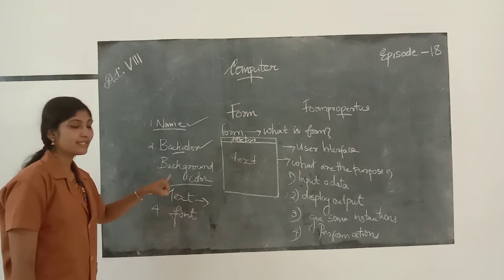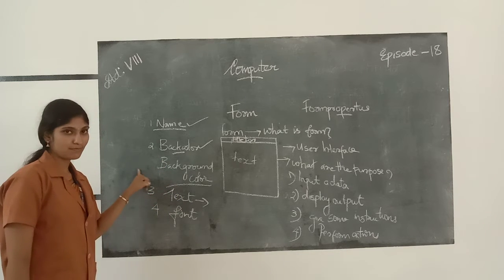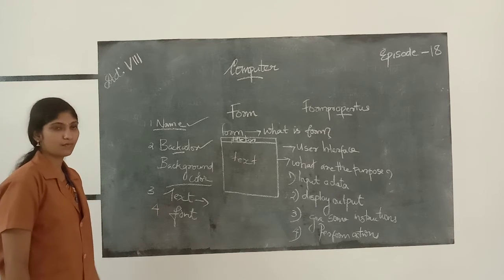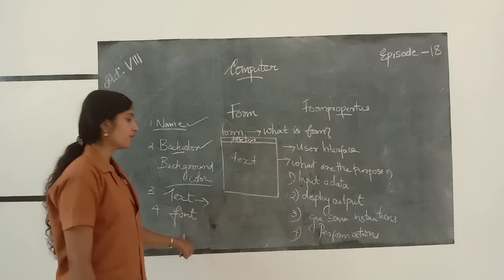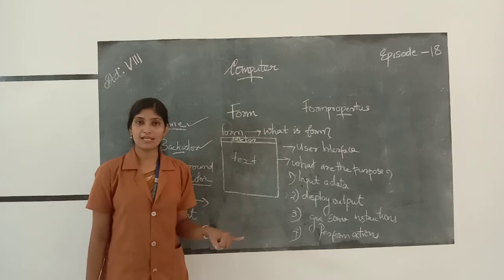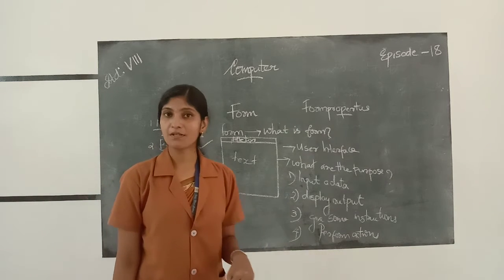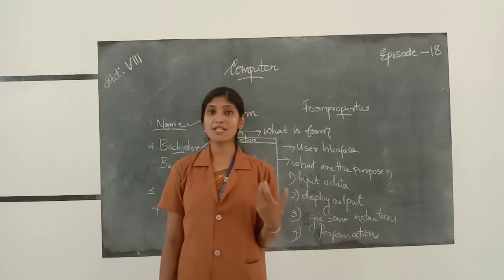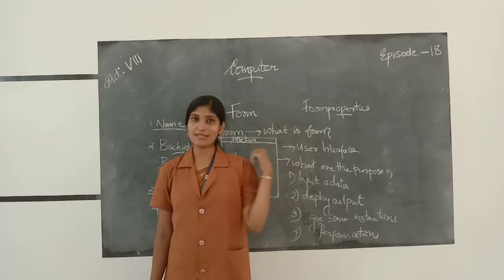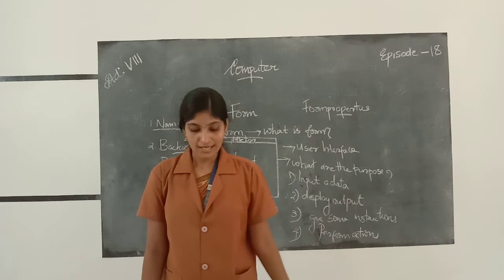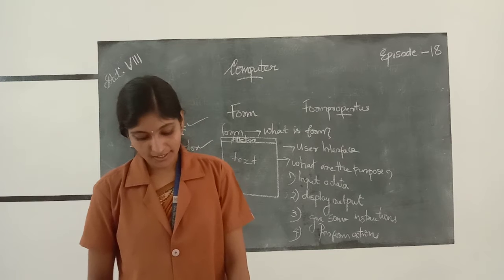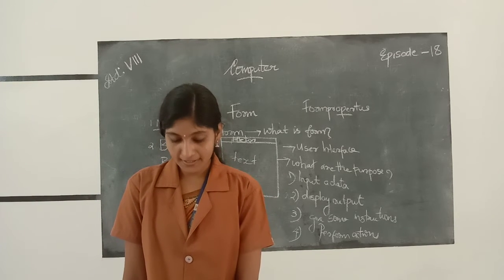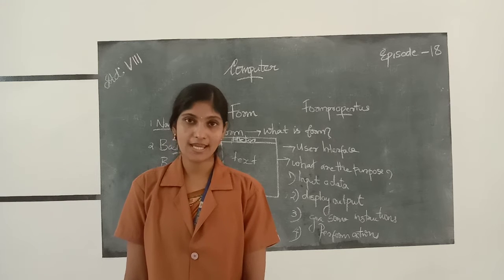Name, back color, background color, and then text. Next one is font. Font means it is the design of characters, and you can set any properties like font type, font face, font size, font color, etc. Font color means you can change the color of the text you entered in this form. Then their purpose is to set the font properties for the objects which you will create on the form.